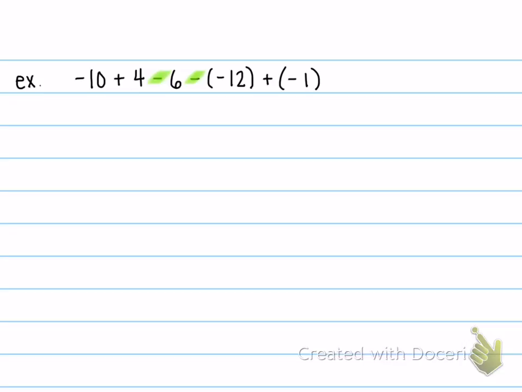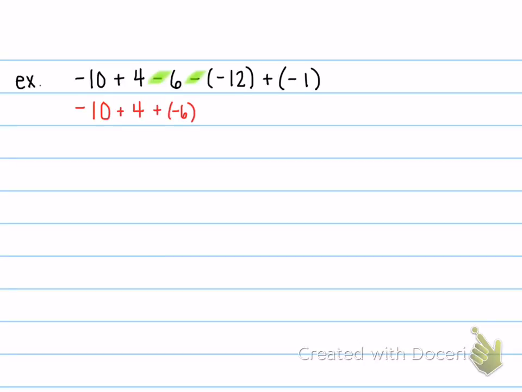So let's rewrite this problem all together. Negative 10 stays the same. Plus 4 stays plus 4. Again, what a lot of people end up doing is writing that as a negative 4. You don't change the sign after an addition problem. Minus 6 does become plus, and 6 will become negative 6.